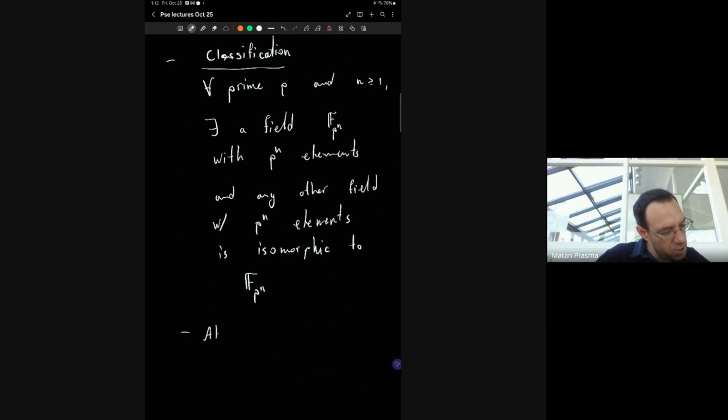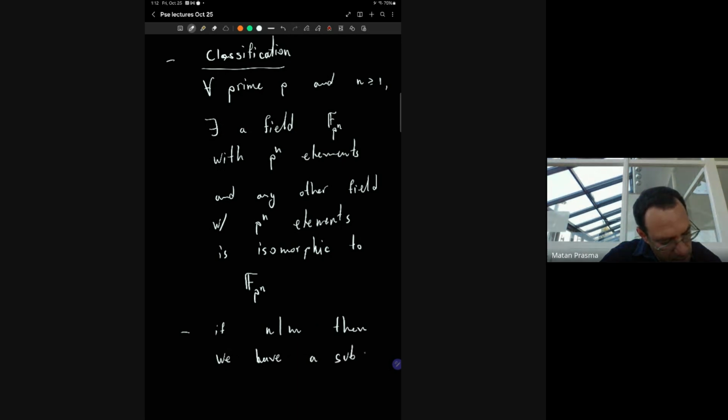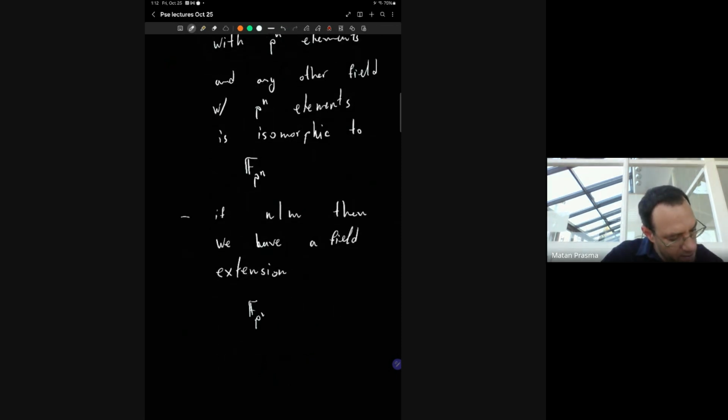There is a small fact that if n divides m, then we have a subfield inclusion, or a field extension, with F p to the n as a subfield of F p to the m.